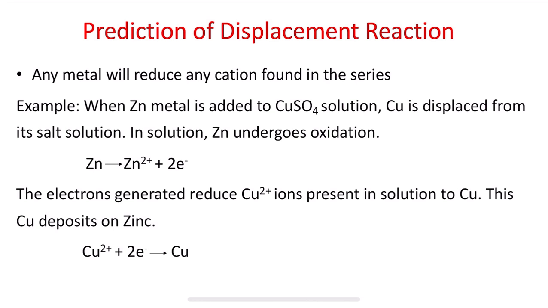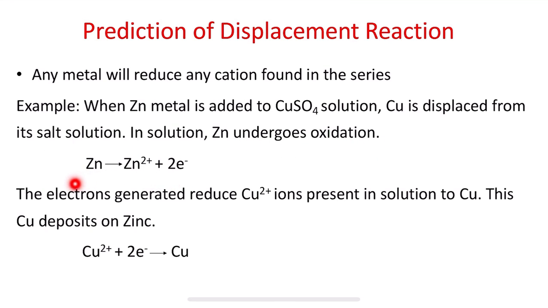The next application is prediction of displacement reaction. Any metal will reduce any cation found below it in the series. For example, when zinc metal is added to copper sulfate solution, copper is displaced from its salt solution. In solution, zinc undergoes oxidation.